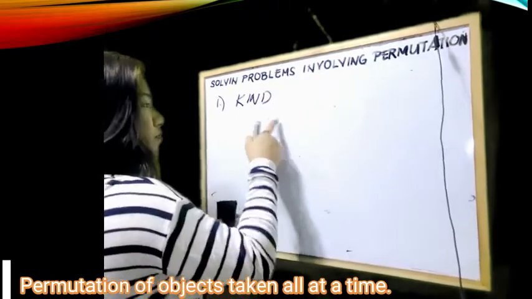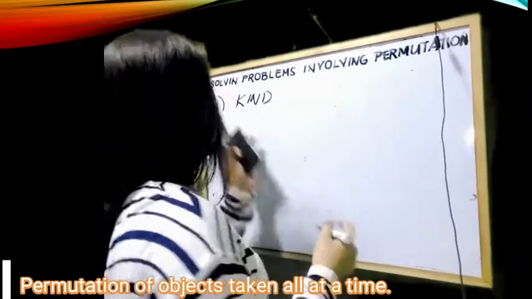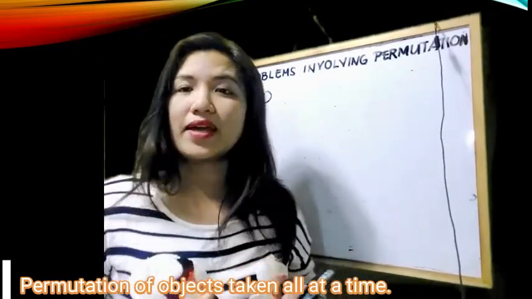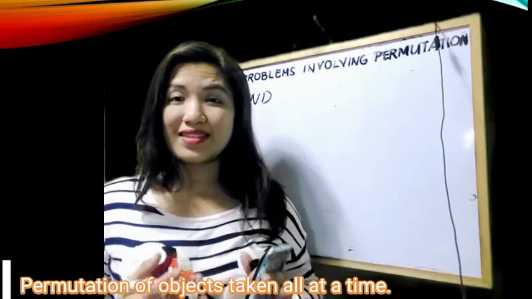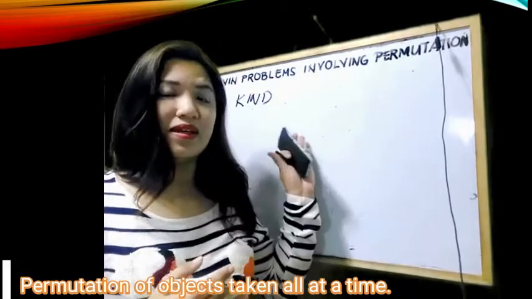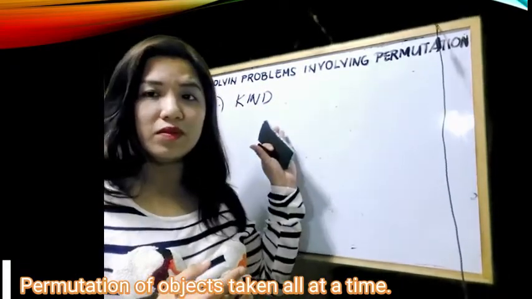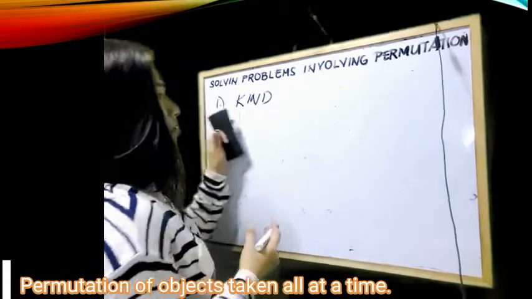The example in your module gives you the word KIND, and you were asked to arrange these letters all at a time. So no letter is left out. All of it will be included in the arrangements.